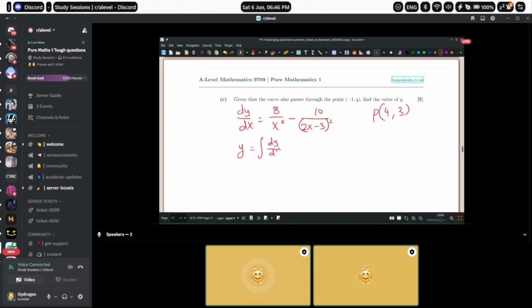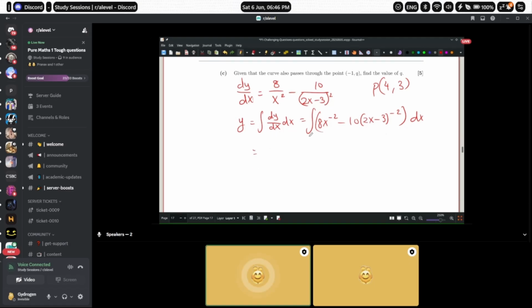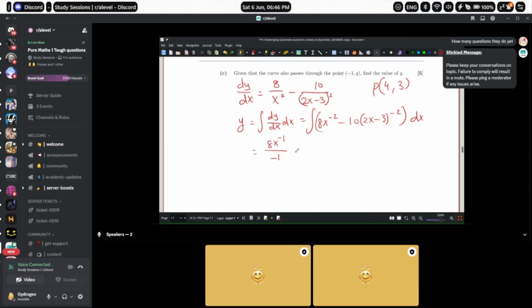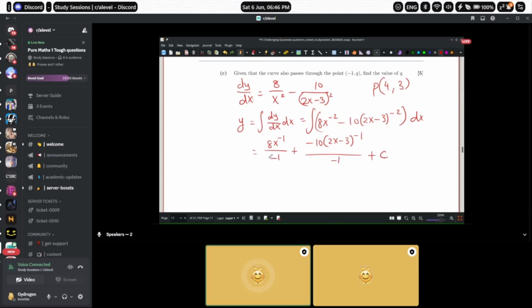So y is just the integral of this, which is the integral of 8x to the power of minus 2 minus 10 times (2x minus 3) to the power of minus 2 dx. So this is 8x to the power of minus 1 divided by minus 1 plus minus 10 (2x minus 3) to the power of minus 1 divided by minus 1 times 2, plus c.